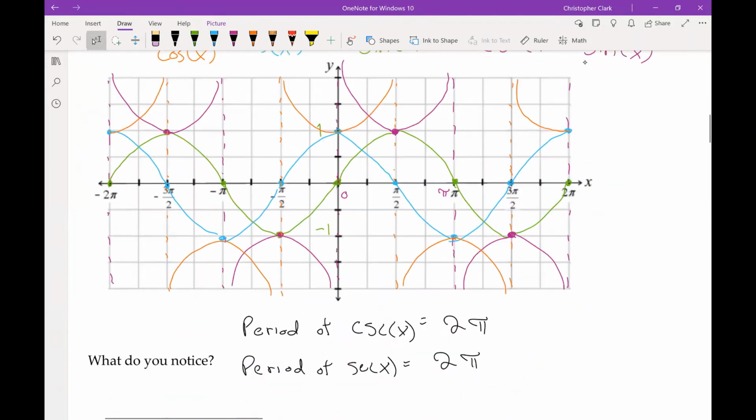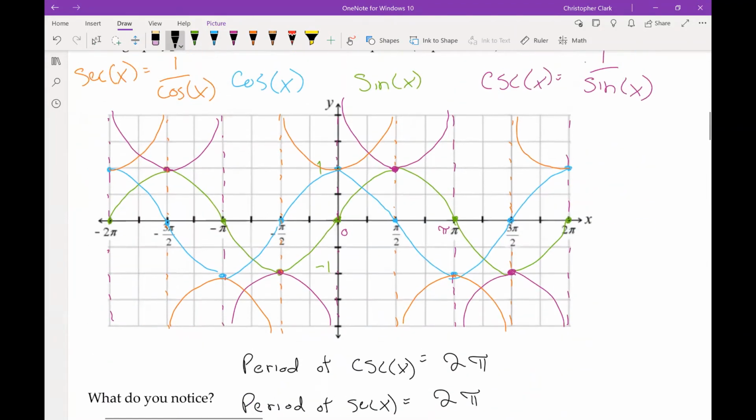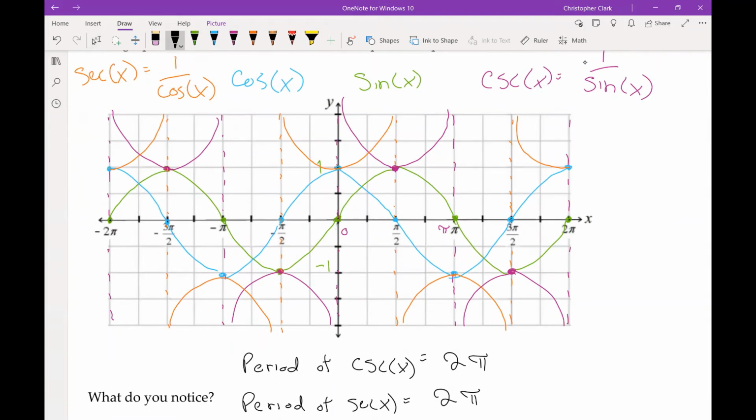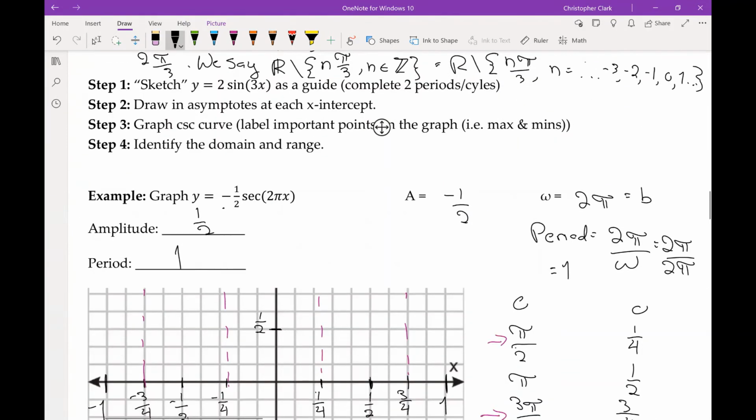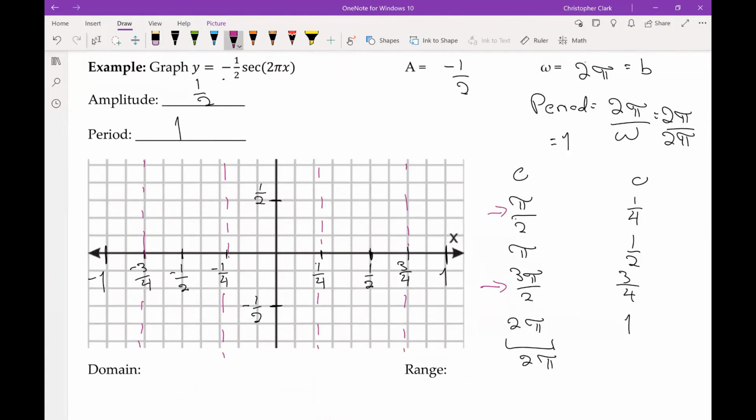Now the original, if we go over here, we see the original asymptotes for the orange, which is secant, are at negative pi over 2, pi over 2, 3 pi over 2. So going down here, this means that our asymptotes are going to be at pi over 2, 3 pi over 2, which are converted into 1/4 and 3/4. And I went ahead and drew our asymptotes on the graph. Now, it's negative, which means that it is flipped.